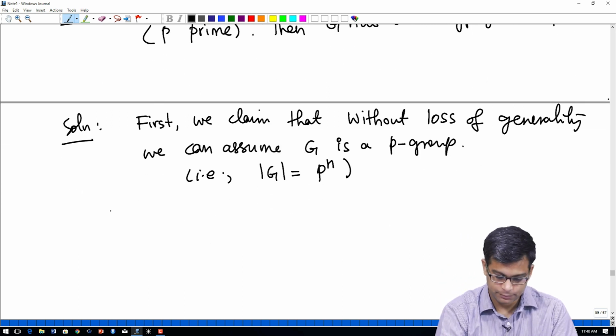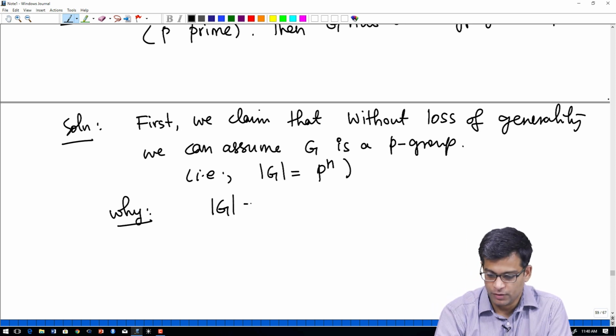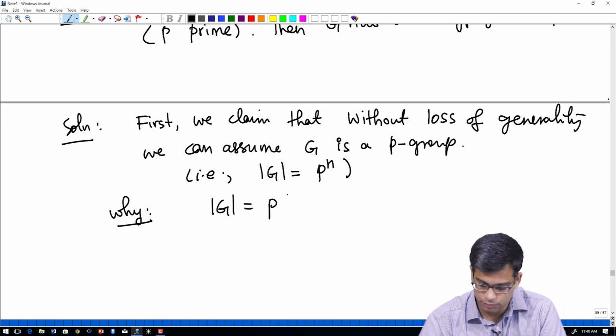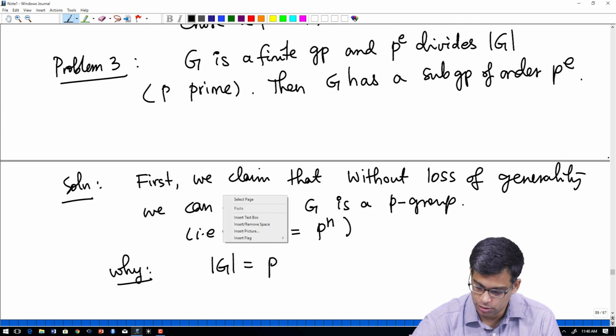Why is this? Meaning, why can we assume this? So, write the order of G as some p power, I think maybe I should not use e here.